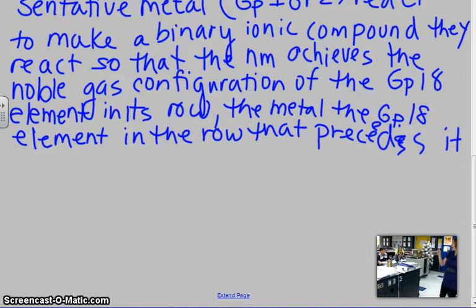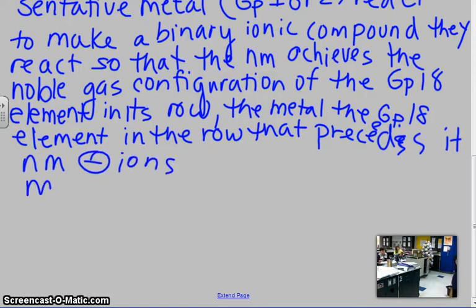So not argon, argon's in its row. It will lose 2 to look like neon as well, 1s2, 2s2, 2p6, okay? Remember, if you lose electrons, your charge is positive, and if you gain electrons, your charge is negative. So the nonmetals will make negative ions, and the metals will make positive ions.